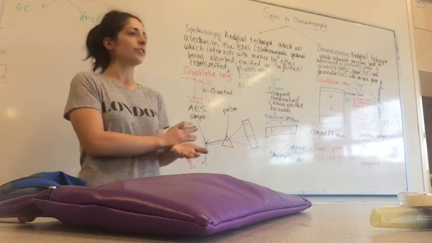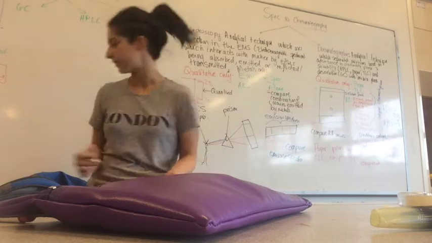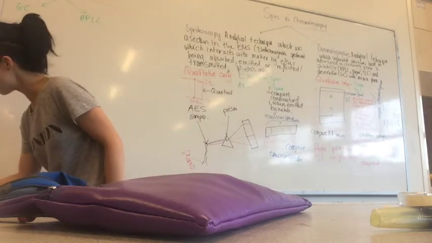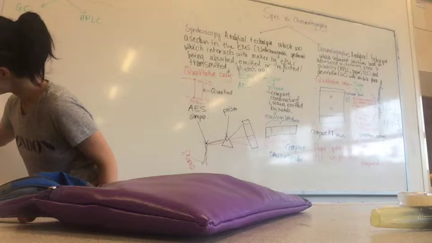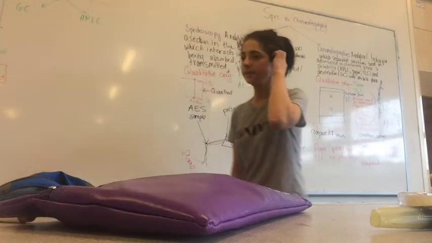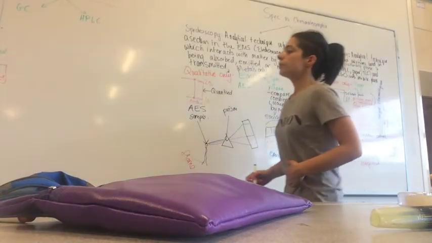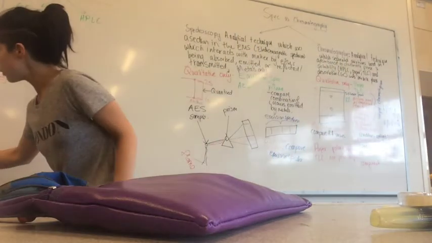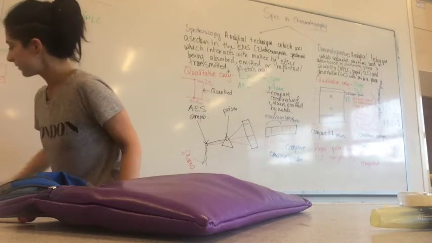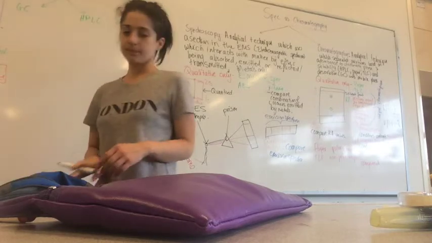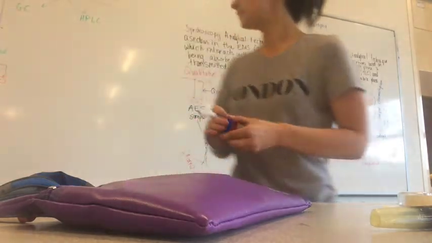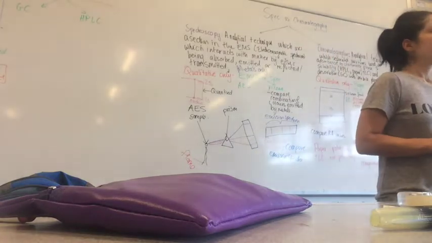As you double your concentration, you double your absorbance. So concentration is always on the x and absorbance is always on the y. Okay, so then you get a beautiful straight line, hopefully. And then you can read it off the graph.